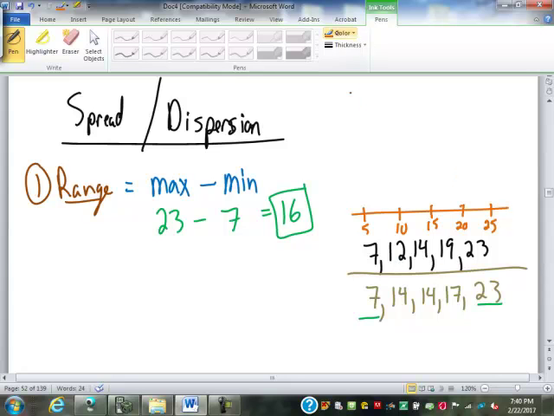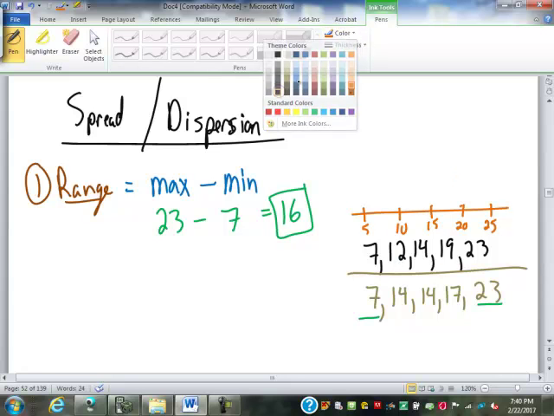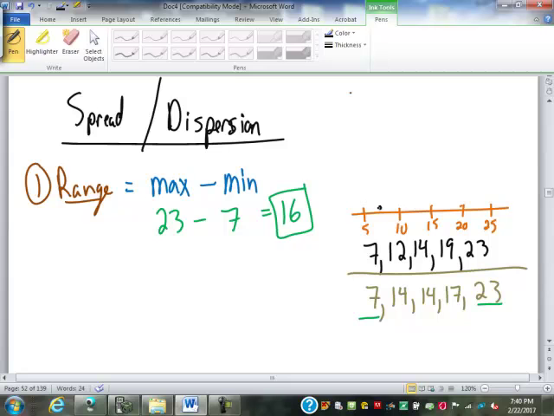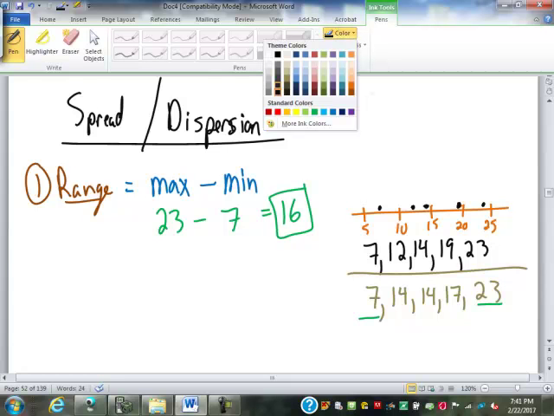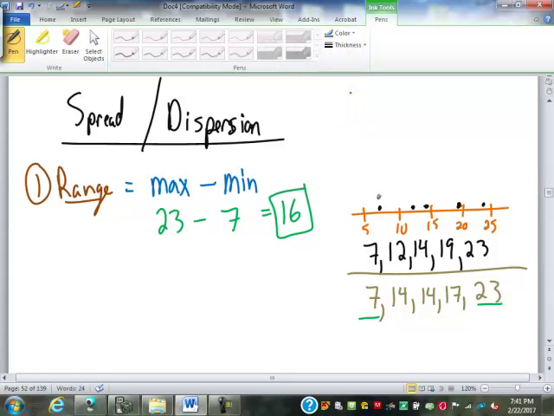This top set here, I'm going to do in black. We've got a 7, a 12, a 14, a 19, and a 23. The bottom set, which I'm going to do in gray, I have a 7, a 14, a 14, a 17, and a 23.